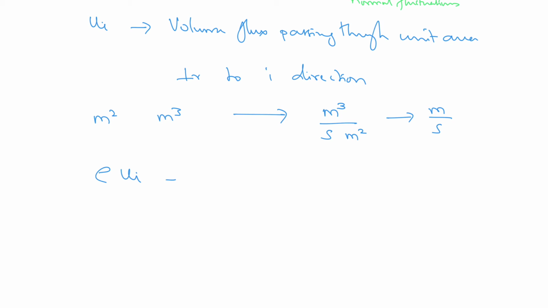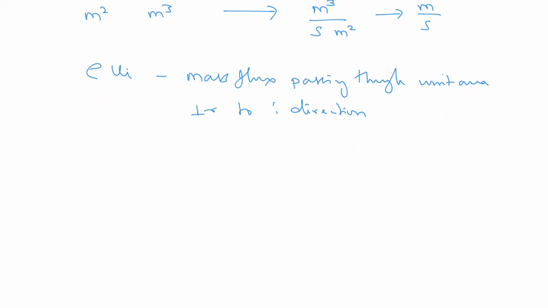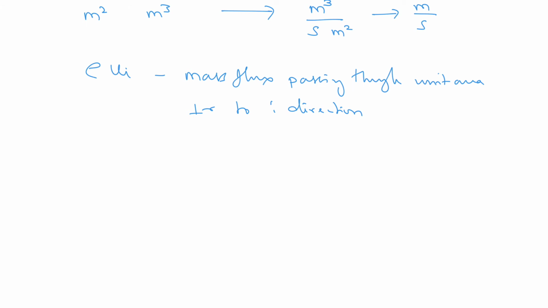It is mass flux passing through unit area perpendicular to i direction. So previously we saw that it is the volume flux. Now if you multiply it by rho, it becomes mass flux.